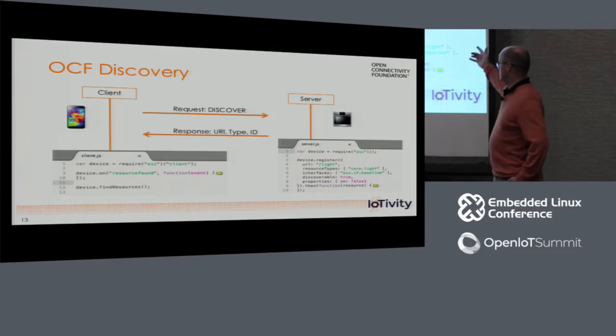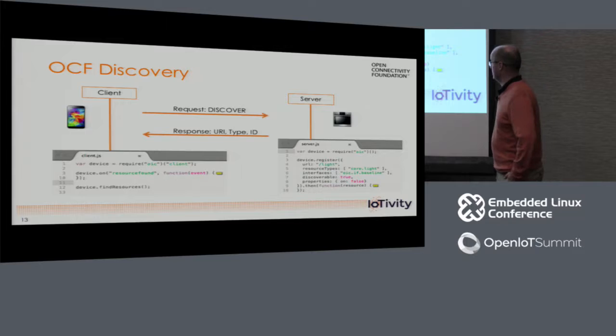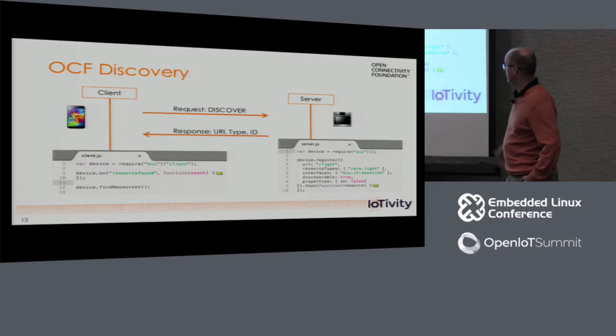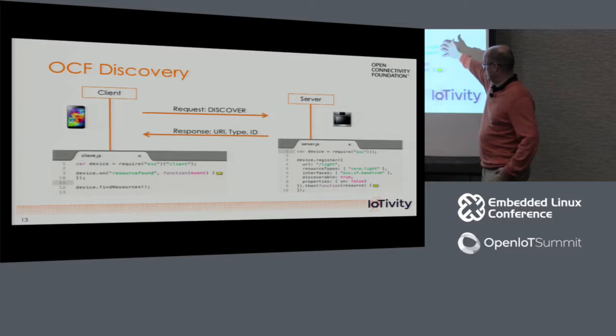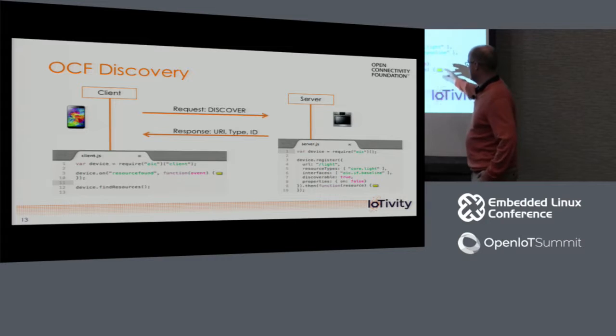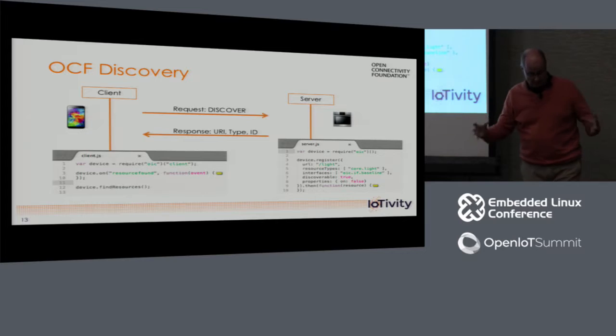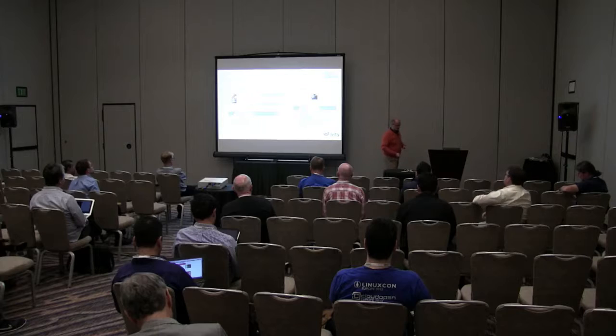And then on the server side, when you want to register things, you use the require. The server mode is the default, so you don't need to specify that. Then you call the register function. You say, what is your URL? What type of, these are the OIC resource types and interfaces. And once the register is successful, you'll get the resource, and then with the resource, you have these updates and events.